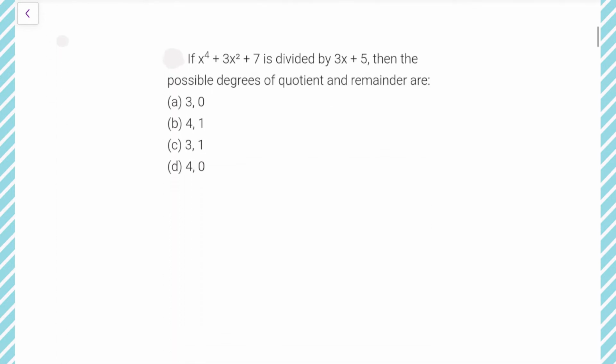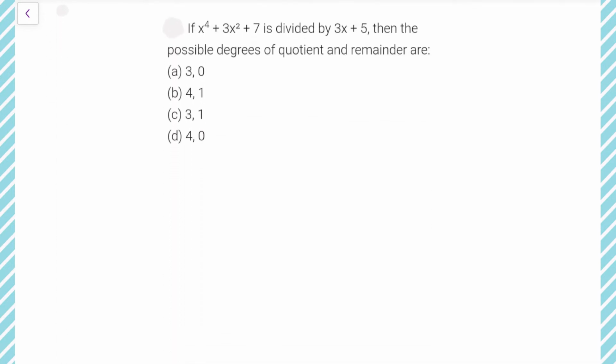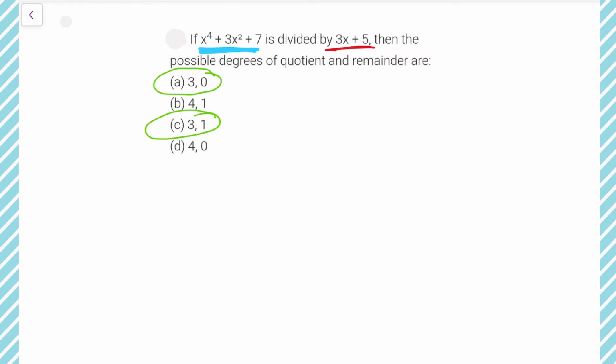Next. If x power 4 plus 3x square plus 7 is divided by 3x plus 5, then what are the possible degrees of quotient and remainder? Let us check once clearly. We need to do long division. Take the divisor, that is 3x plus 5, and the dividend x power 4 plus 3x square plus 7.